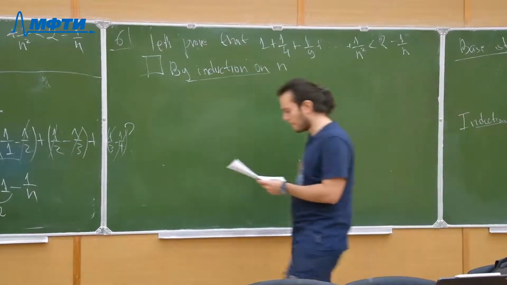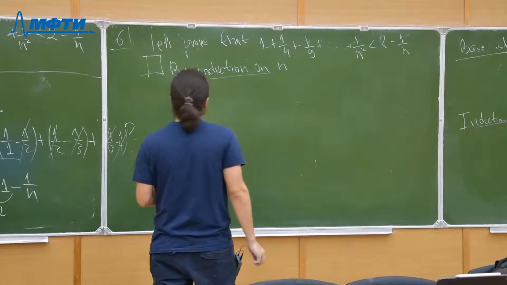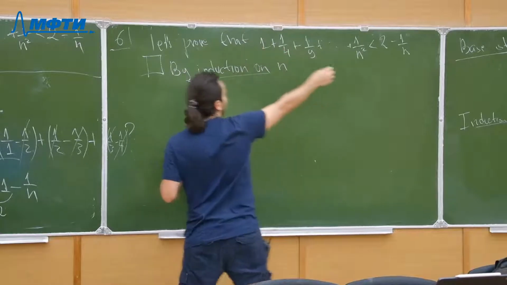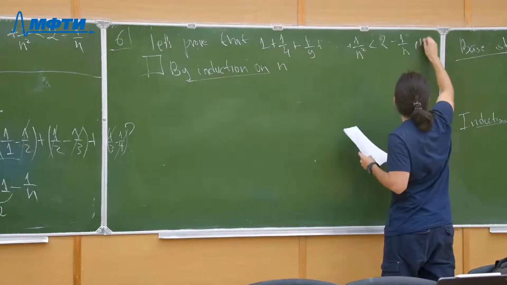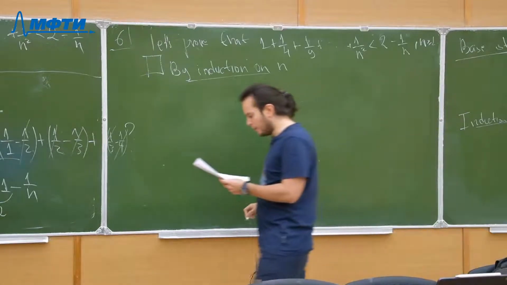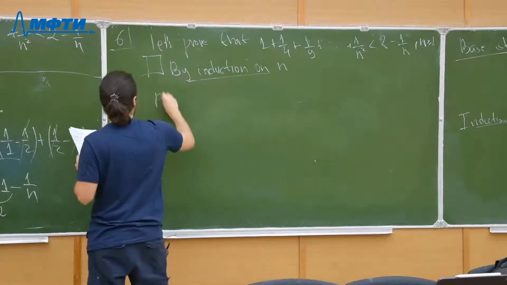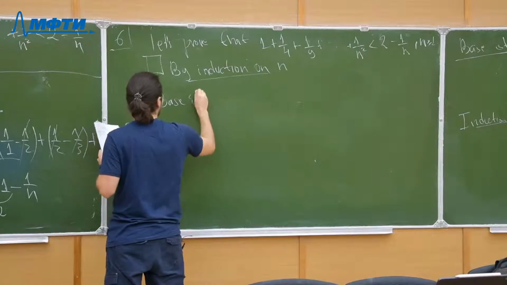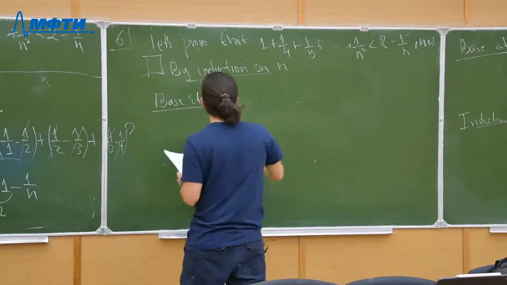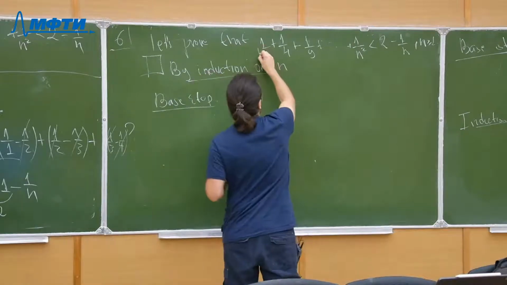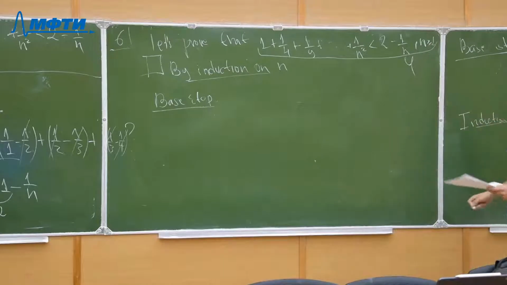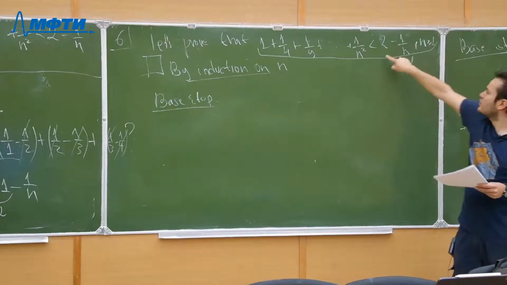We have to add here that n is at least 1, right? So for the basis step, this is our phi: if n is at least 1, then this holds.